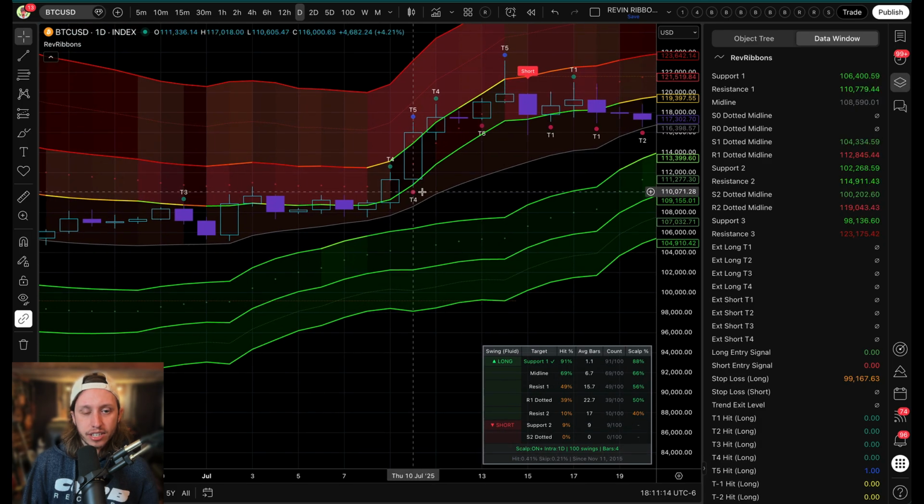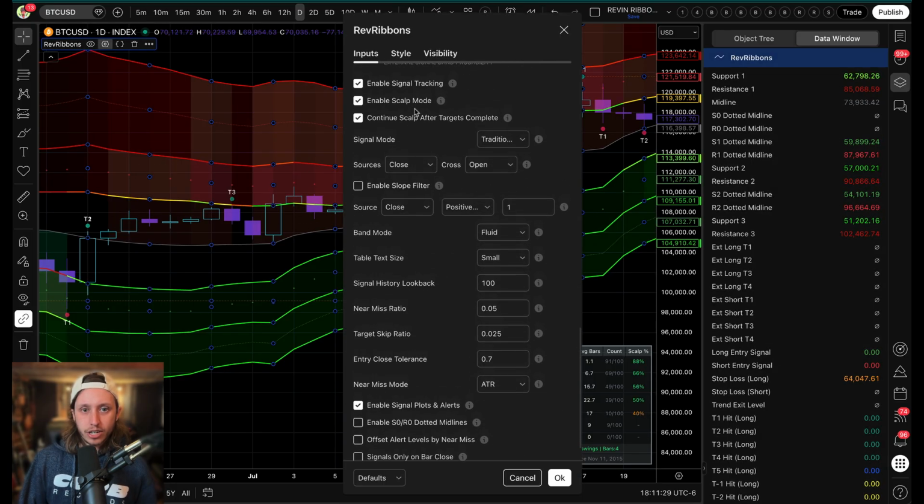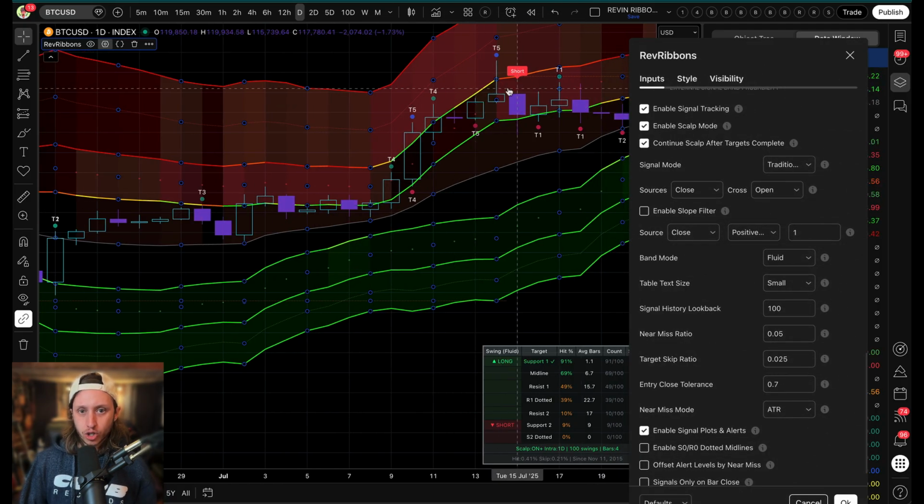Interesting. I need to make sure that that is working right. When it continues on, it looks like I need to mess with that a bit more. But anyway, if you want the swing, the trade, to keep going, you just enable continue scalping after target completes. That means it will keep going long until a short signal is entered.